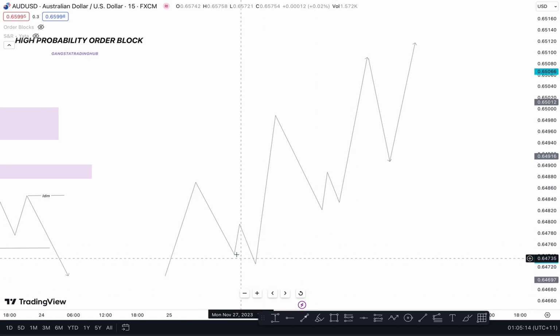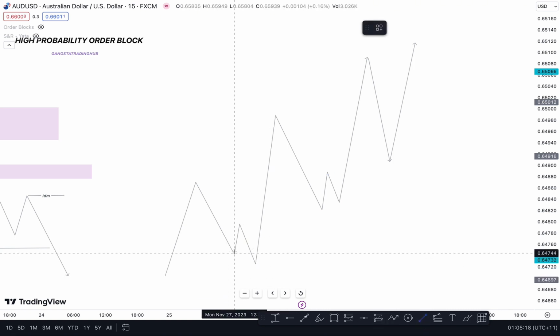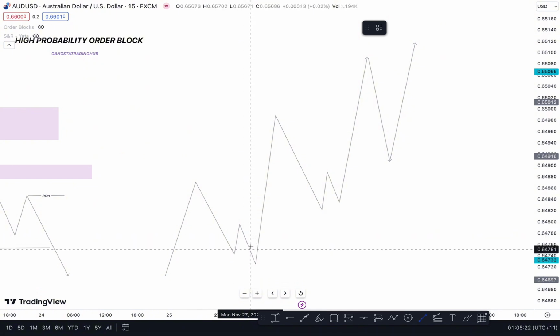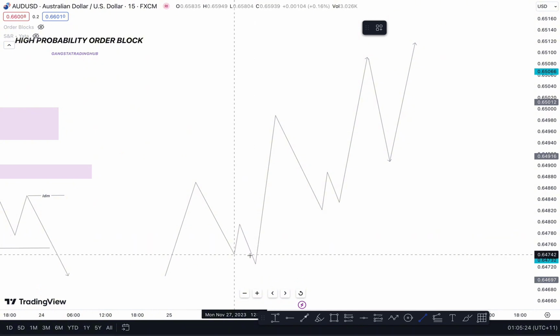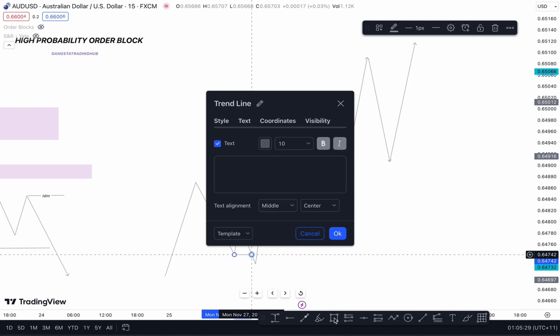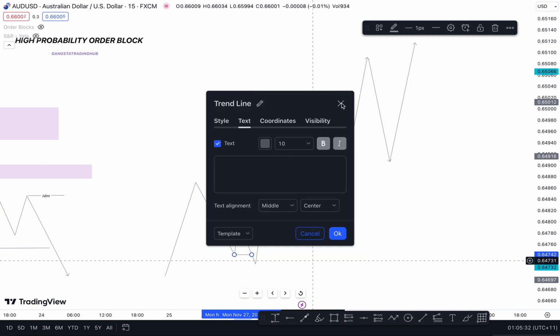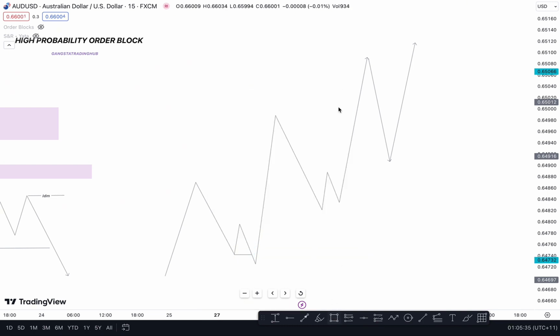Here, right? Why? Because liquidity has been taken out here. We have this previous candle, and we have this recent candle take out the previous candle low, right? So there's liquidity available here. So I'm most likely to identify this point as my order block.